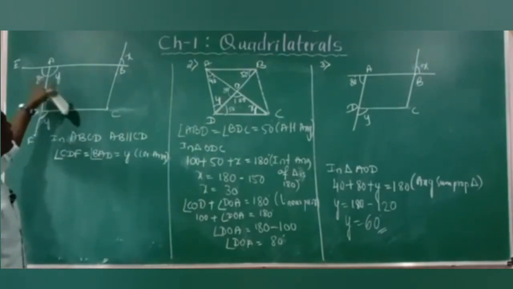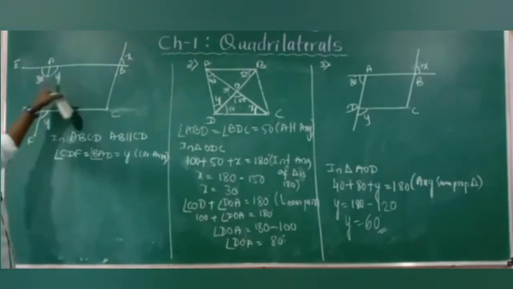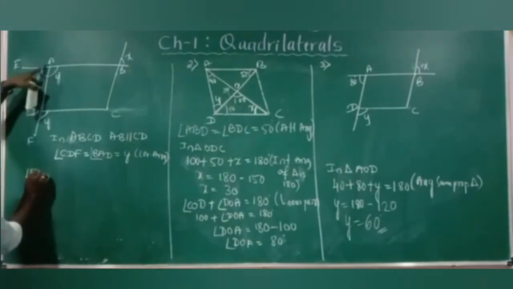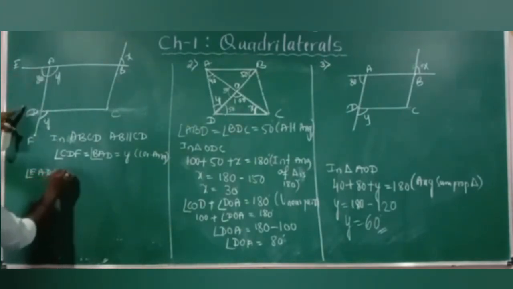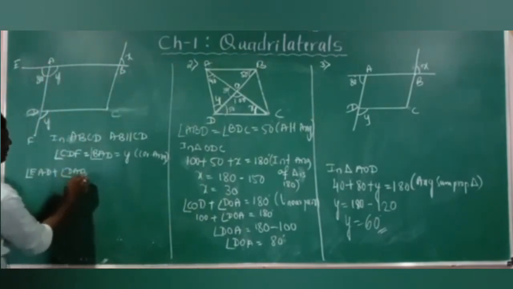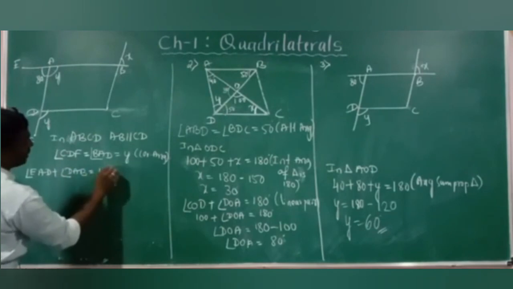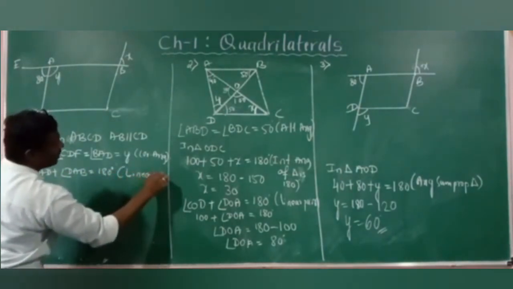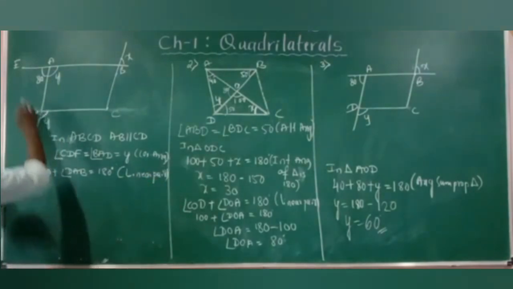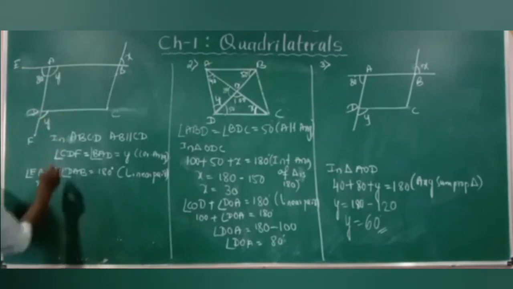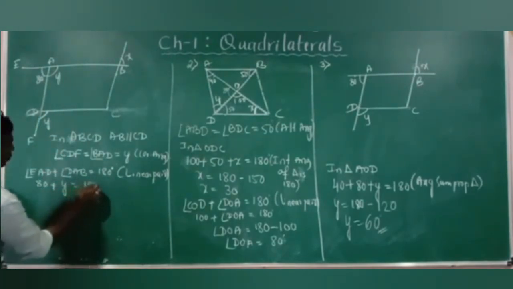Now angle EAD plus angle DAB is equal to 180 degrees, because these two angles form a linear pair. Angle EAD is 80 degrees, angle DAB is y, and the sum is 180 degrees.